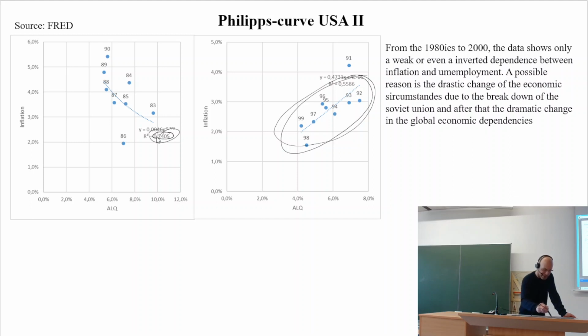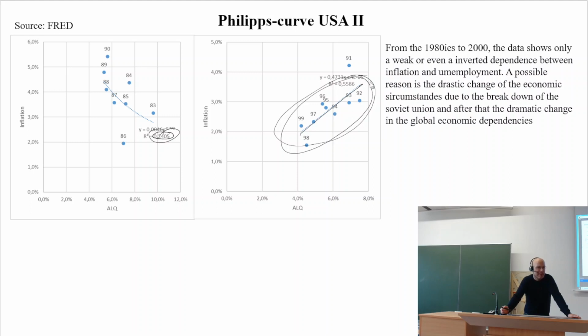Here we have an R squared of 0.25, and even in the end of the 90s, there is a switch. If we make a regression of our data, even higher unemployment corresponds to lower inflation rates. So this we cannot explain anymore theoretically.